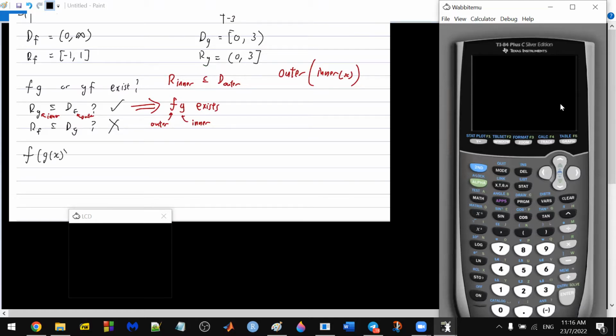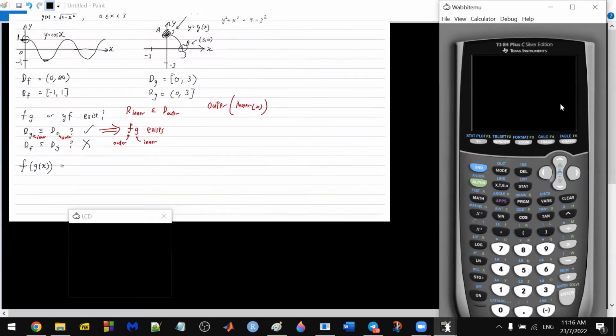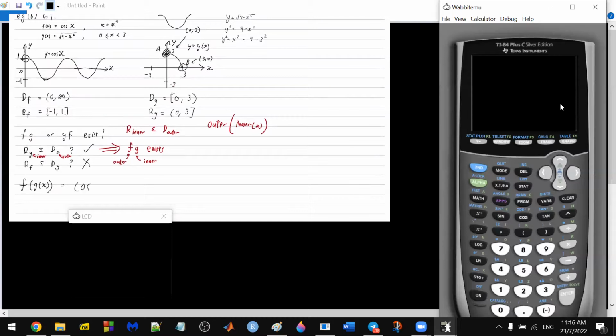f of g of x. What would it be? Cosine of square root of 9 minus x squared. Exactly, good. So now how do we find the domain of fg?